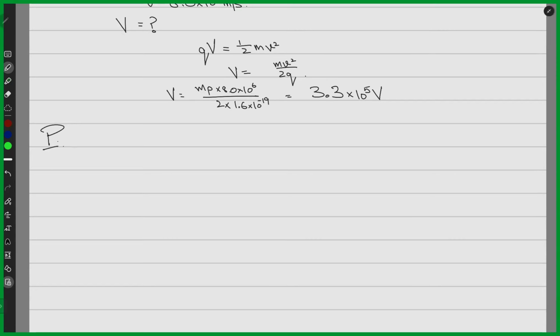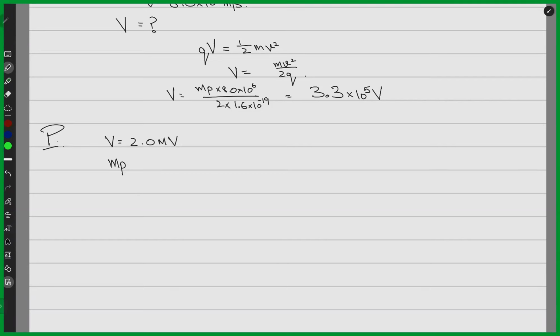Now, suppose that you accelerate a proton through a potential difference of 2.0 megavolts, right? And what we want to do is find the kinetic energy that this proton is going to gain. Again, the mass of the proton will be given to you. The kinetic energy that this proton gains when it's accelerated through this potential difference.